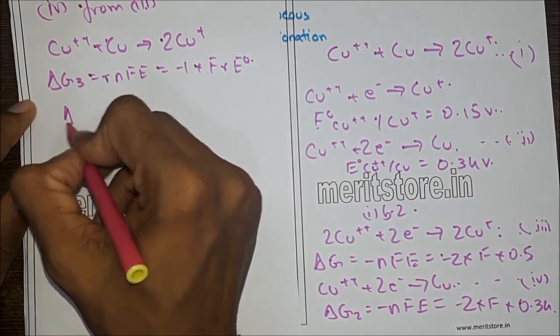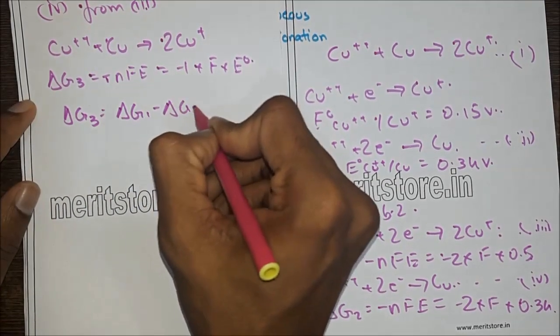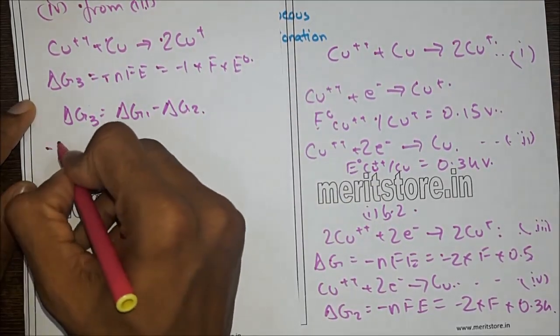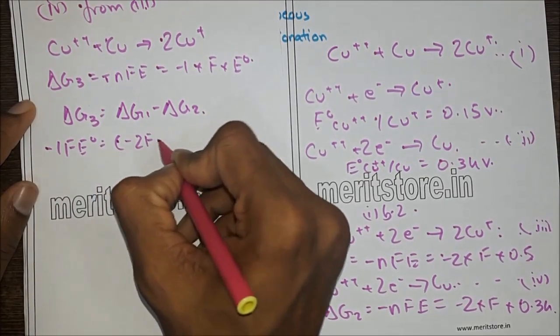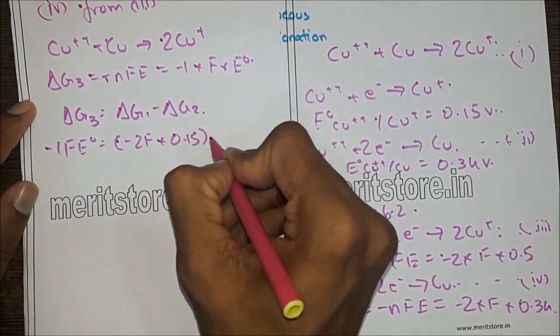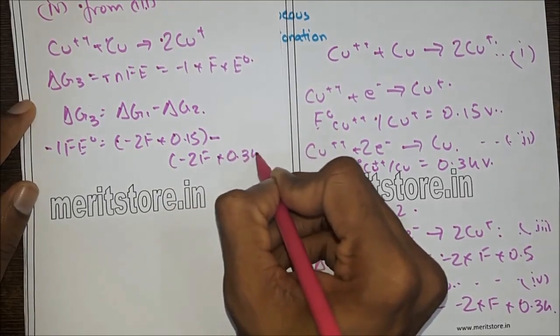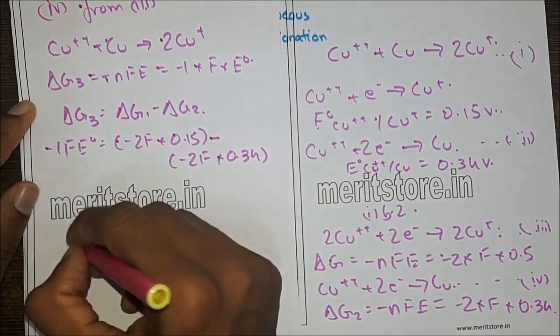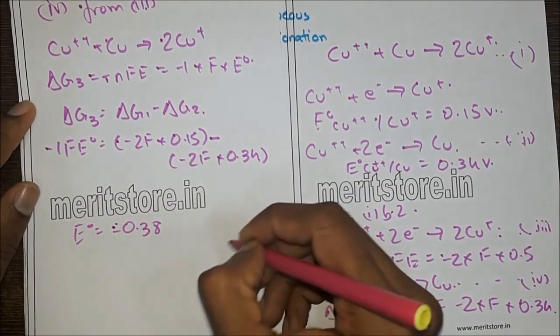So we get delta G3 equal to delta G1 minus delta G2. We substitute the value, we get minus 1 F E0 equal to minus 2F into 0.15 minus of minus 2F into 0.34, which gives E0 equal to minus 0.38.